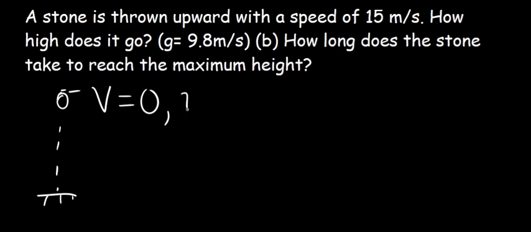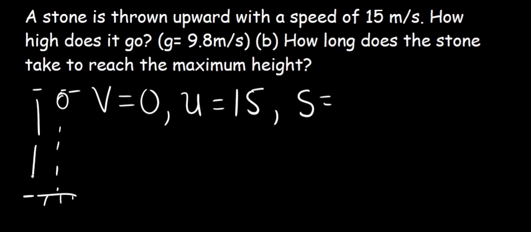But the initial velocity of throwing it up is 15 meters per second. Then we're asked, how high does it go? What is the distance? How high from here to here? So that is what we're being asked.